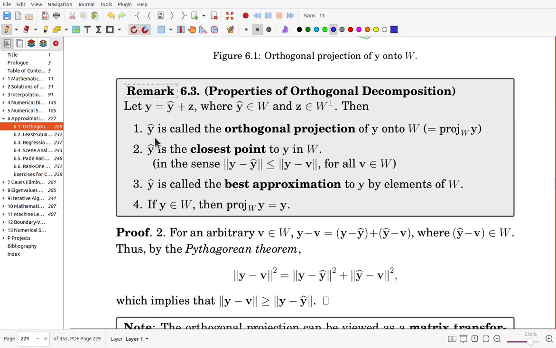Then y hat is called the orthogonal projection of y onto W, and we can write it in this form: projection of y onto W. And y hat is the closest point to y in W. In this sense, the length of y minus y hat is minimum among all vectors v in W.